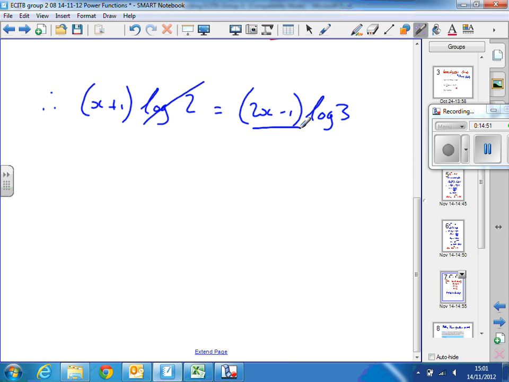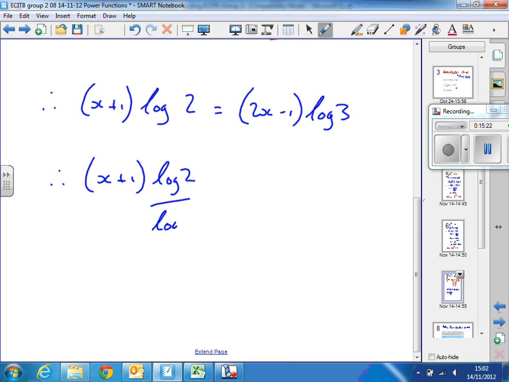If I divide both sides by log 3, I've got log 2 over log 3 times this bracket, and that's the easier one to expand. So with just a little bit of thought, I would decide to divide both sides by log 3, because this is the easier bracket to expand out. So dividing both sides by log 3 gives this.